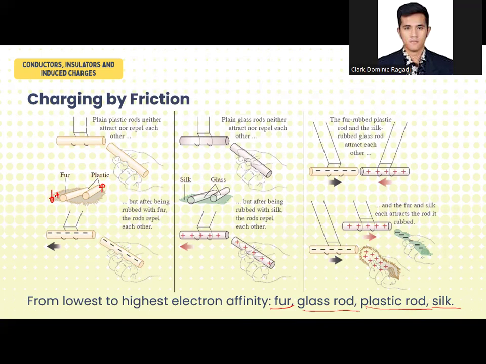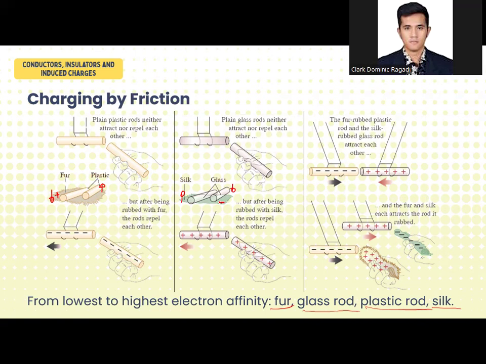But in this case, our silk has higher electron affinity and our glass has lower electron affinity. So the electrons from the glass will travel to the silk. The glass will become positive while the silk will become negative. Okay? Then once you try to put together the glass rods, they will actually repel each other since they are both positively charged.